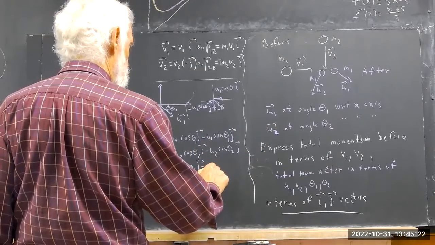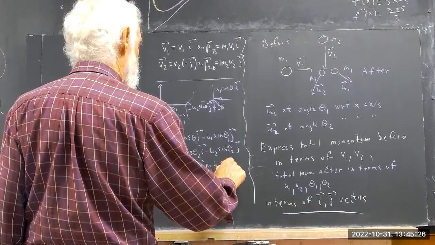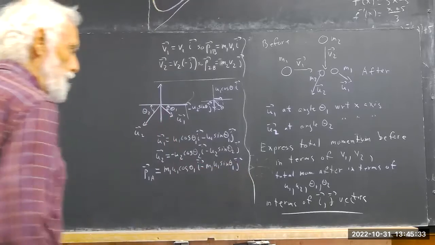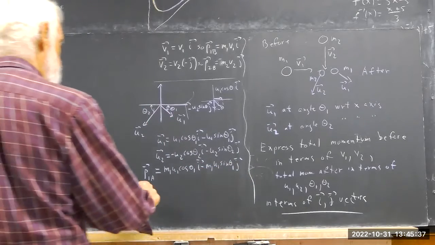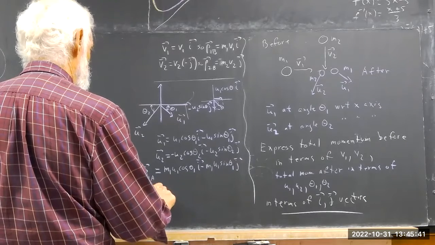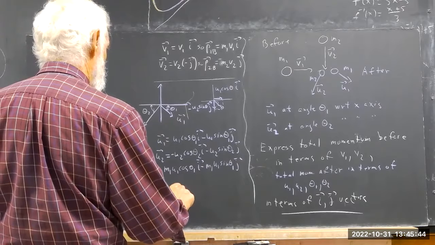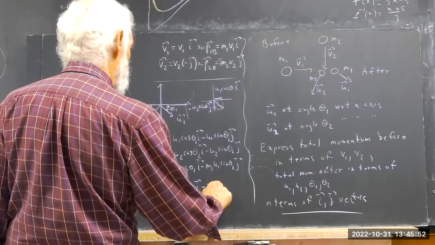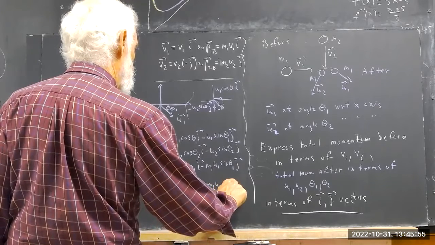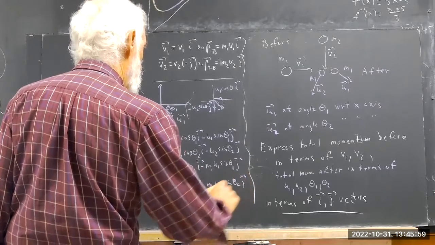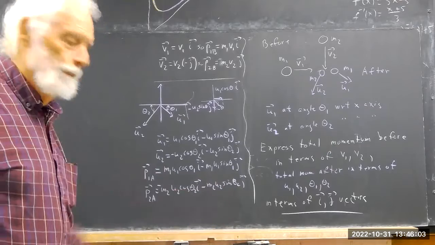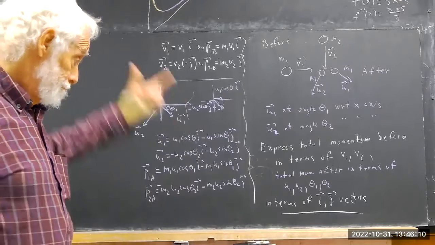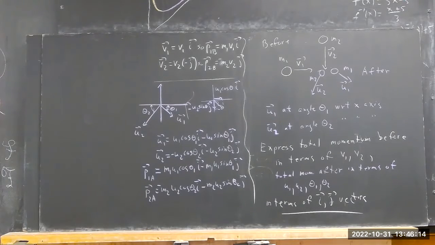We distribute the M1 through here, and we get M1 U1 cosine theta 1 I minus M1 U1 sine theta 1 J. Similar for U2: you just look back at what U2 is, make sure you've multiplied M2 by U2. There you have it. Take a good look at what I've got, see if it makes sense.